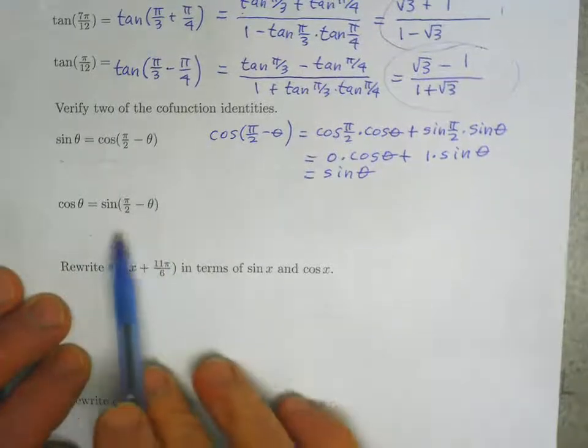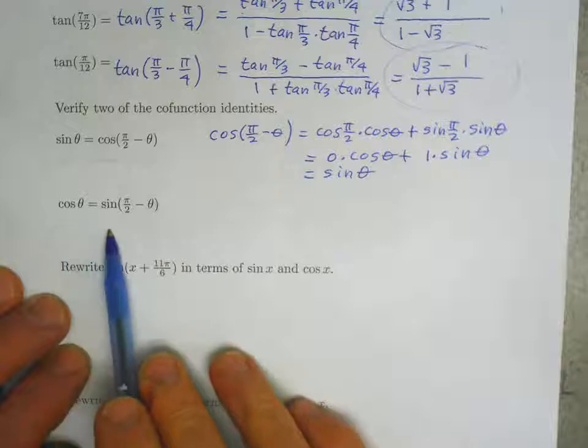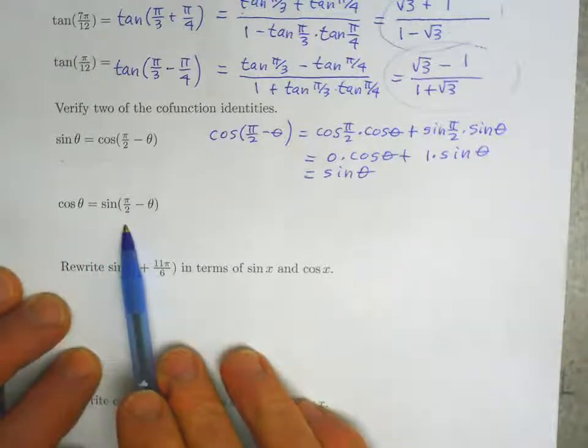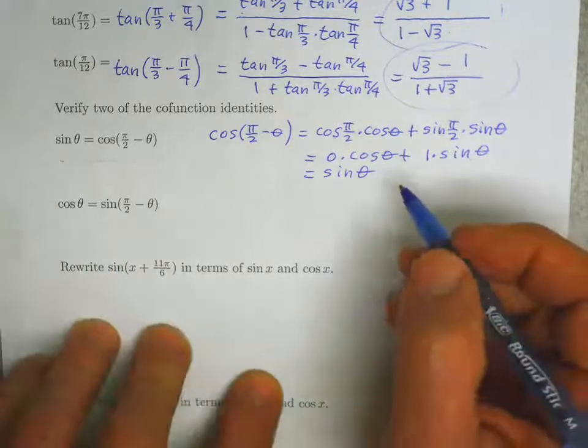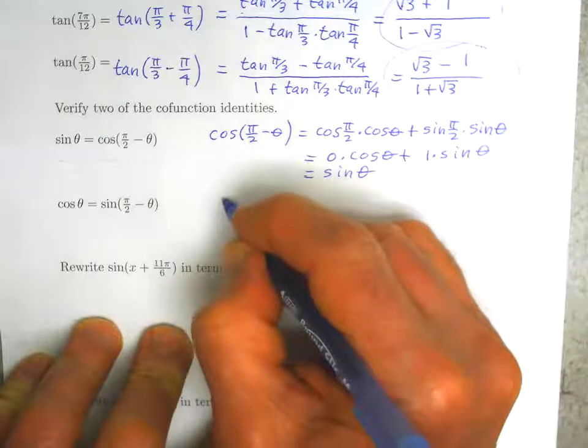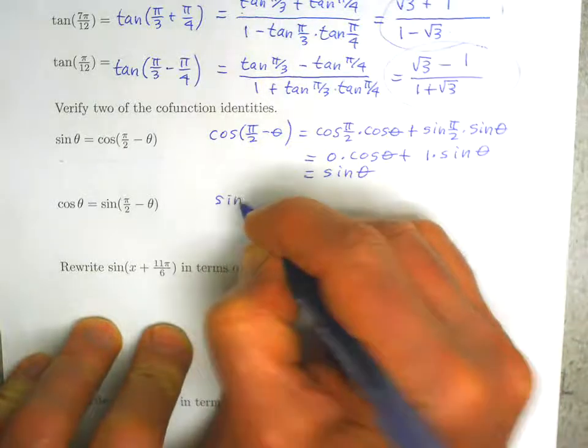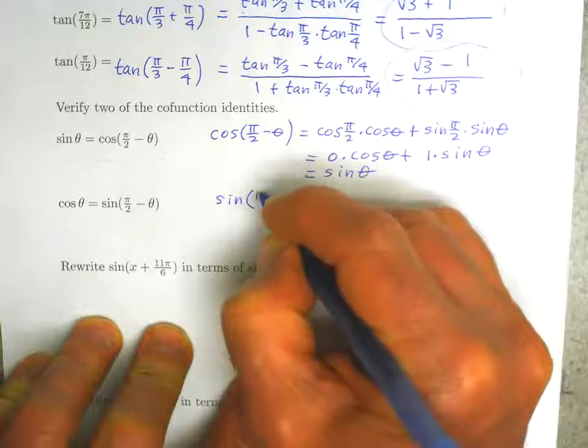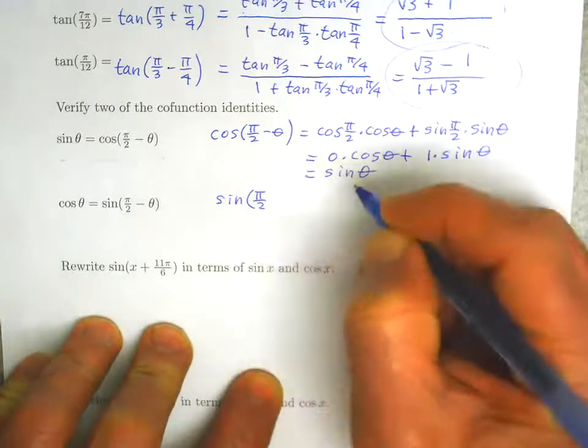It's also true that cosine of theta is equal to sine of pi over 2 minus theta. So we'll use the sine difference formula, sine of pi over 2 minus theta.